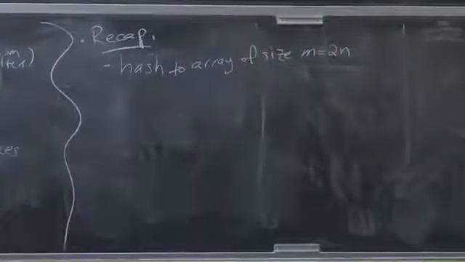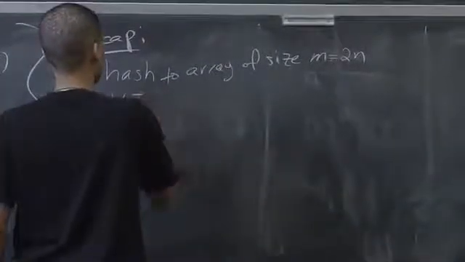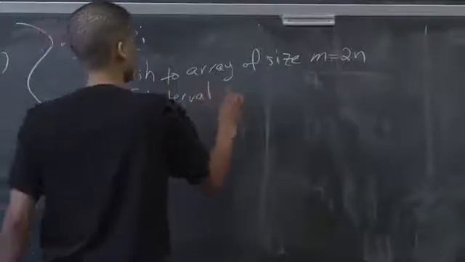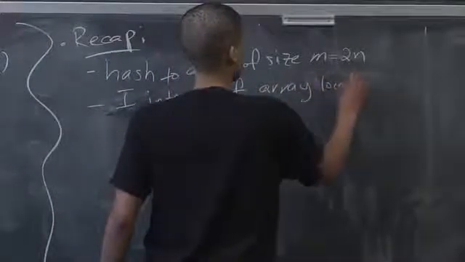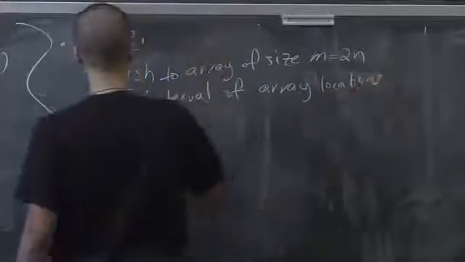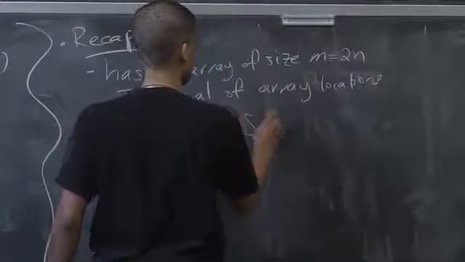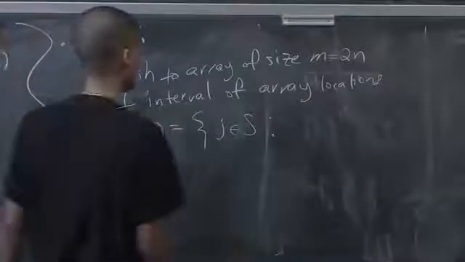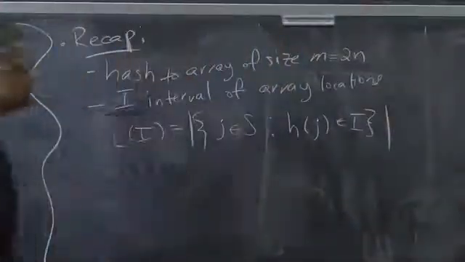Let's say I is an interval of array locations. Then I said L of I is the number of j in the set S, where S is the set of keys that live in our data structure, such that h of j is in I. It's the size of that set.